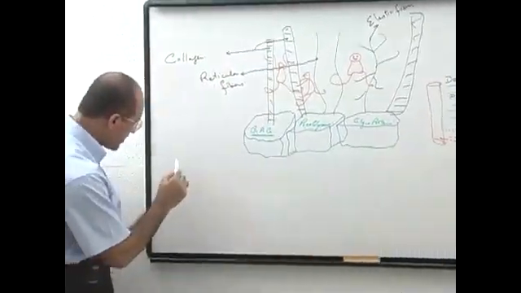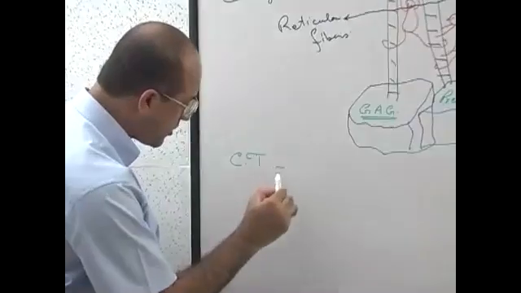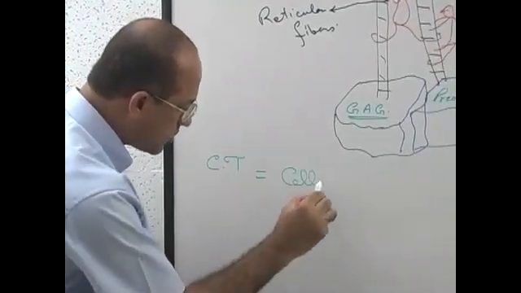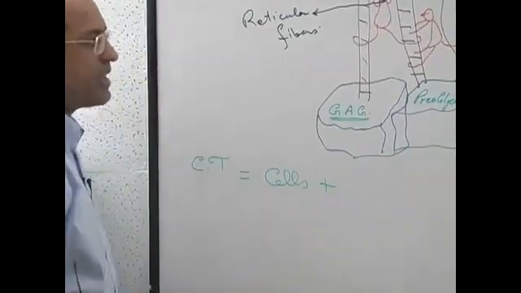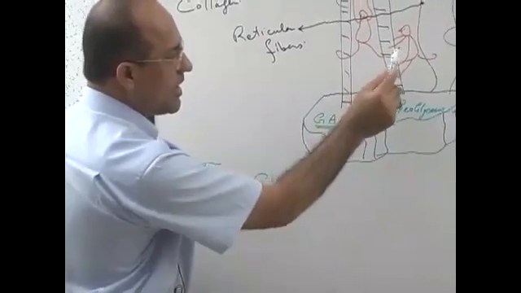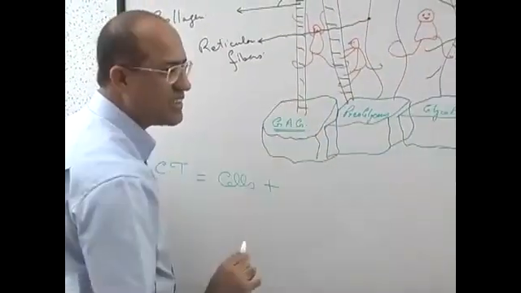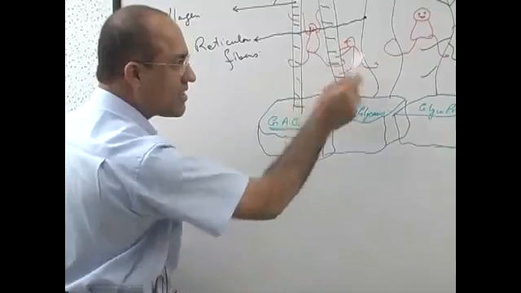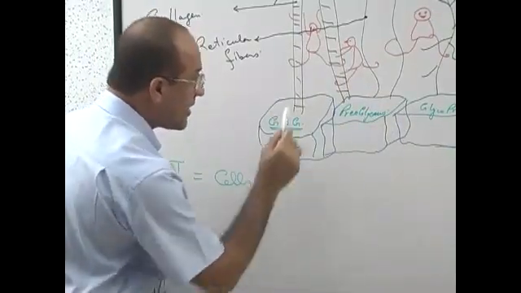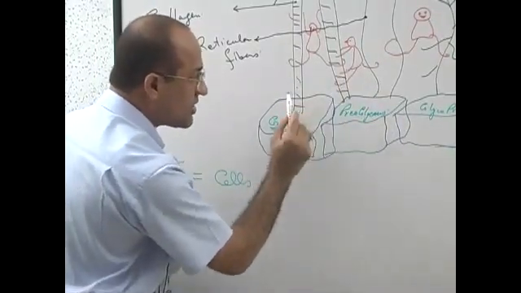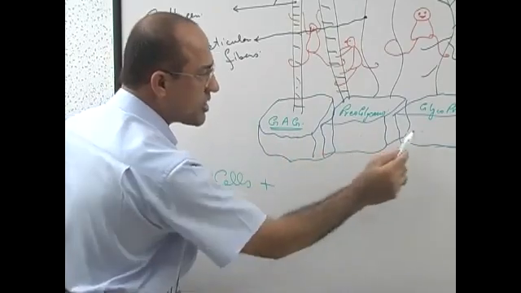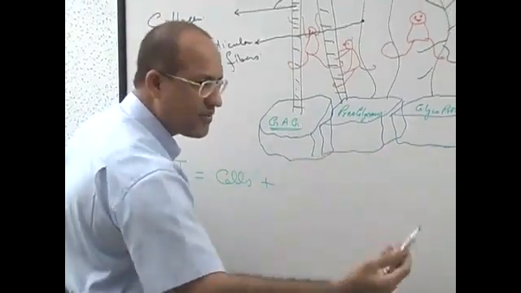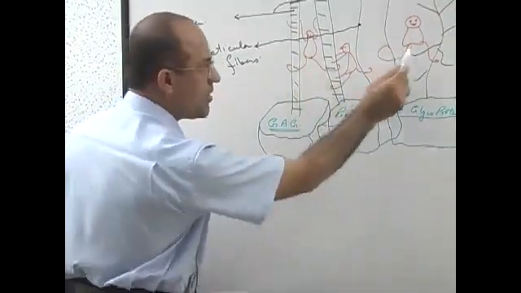So write it down that connective tissue is equal to cells of the connective tissue plus these two things. All other things other than the monkeys are outside the cells. These fibers are outside the cells and this ground substance material is outside the cells because cells are monkeys.